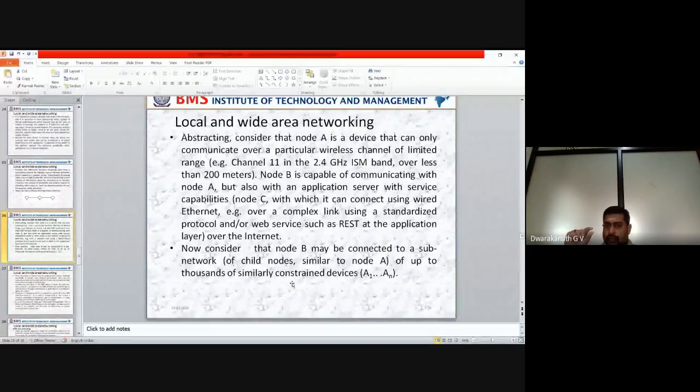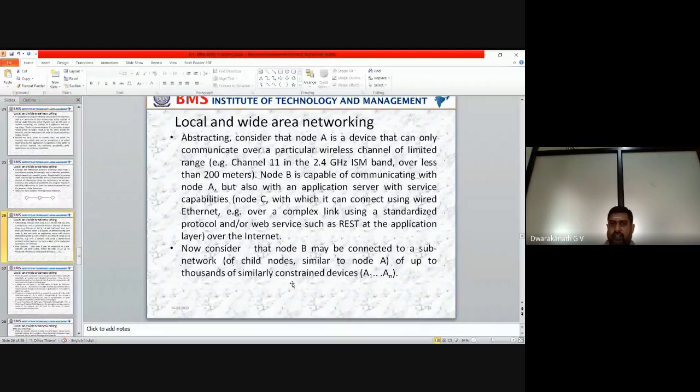Observe carefully. Now consider that node B may be connected to a subnetwork of child nodes similar to node A. Not only node A, it can connect to multiple nodes. Node B can connect to up to thousands of similarly constrained devices, A1 to AN.